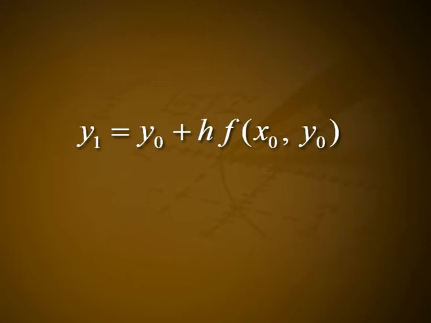By Euler method, we get a first approximation to the solution of the differential equation considered as y 1 equal to y 0 plus h f of x 0 y 0, that is equal to y 0 plus h y 0 dash.